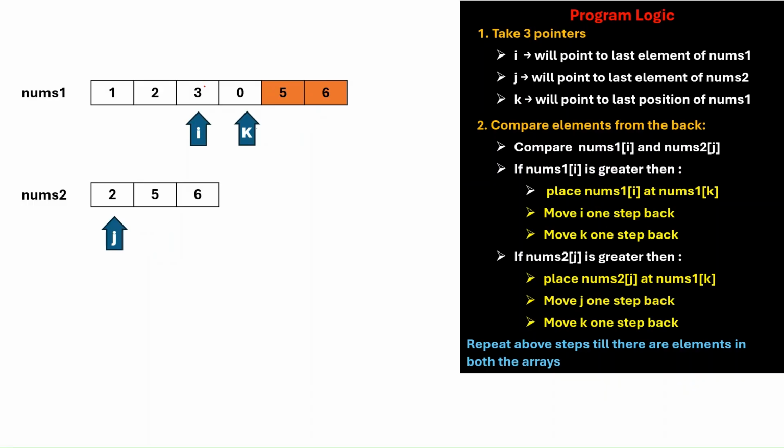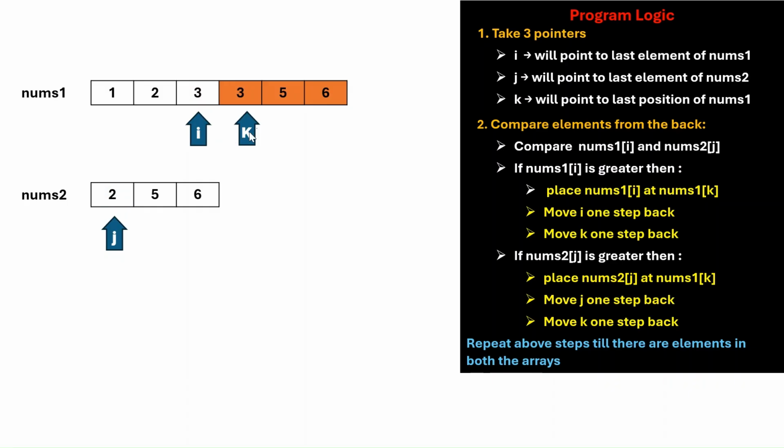Again, the same comparison. Nums1 i is 3, nums2 j is 2. This time nums1 i is greater, so we'll put 3 at nums1 kth position and we'll shift i pointer and k pointer. So see, 3 and then I will shift i pointer, I will shift k pointer.